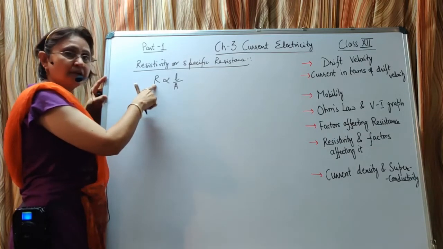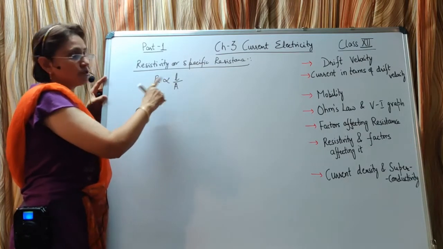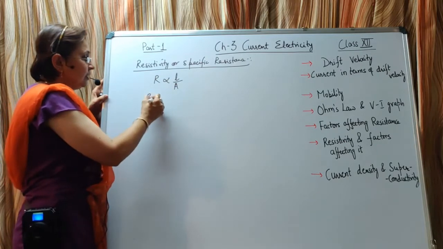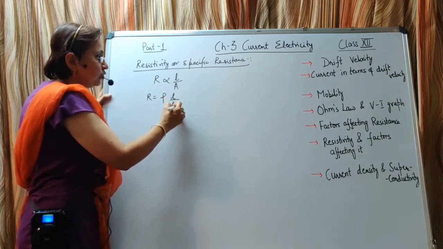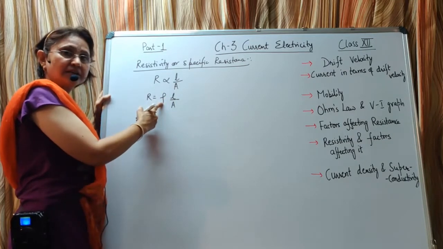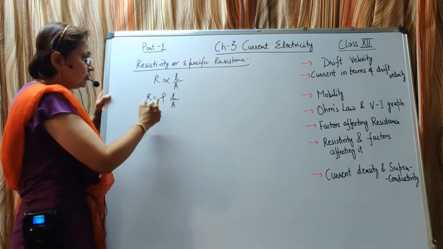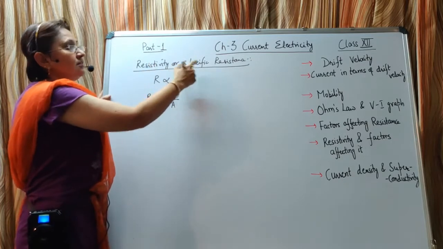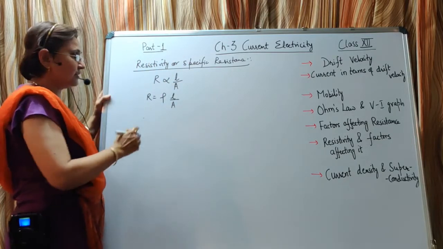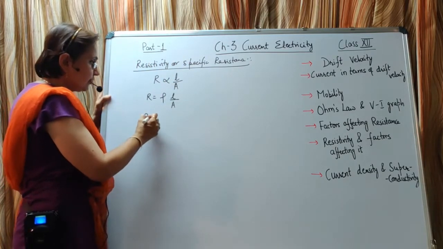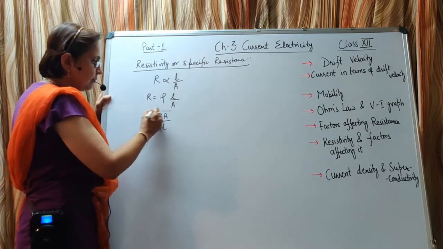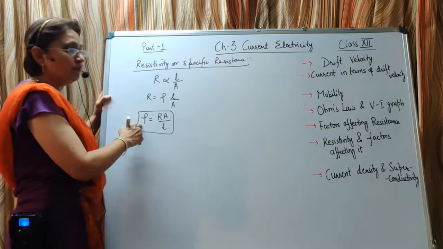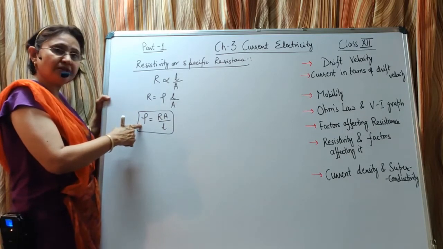So for a given conductor, R is directly proportional to L upon A. Equating it, the constant is represented by rho, again a Greek symbol. This rho is called the resistivity or the specific resistance of the conductor. So from here, rho is equal to R into A upon L. This is the formula for the resistivity or specific resistance.